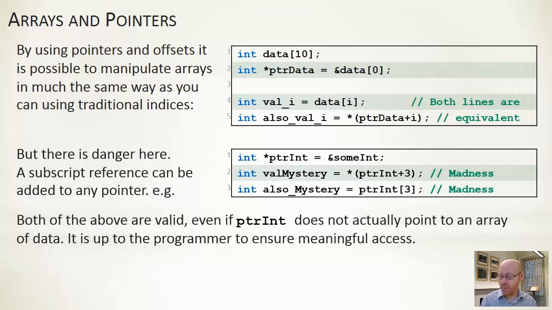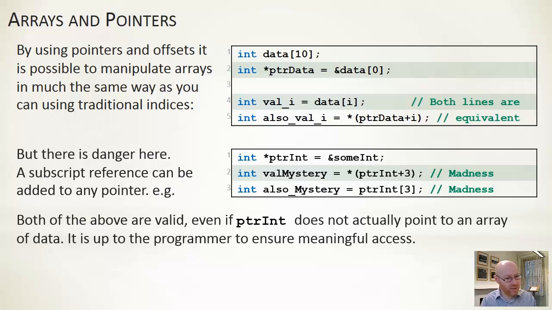In line 3, this is also valid. It will compile, it will run, and it will also probably crash your program eventually. There we're doing ptr int and in brackets 3. Now, this is exactly the same notation that we would use whenever we access an array. If you have a pointer to an address in memory, you can add on and use your normal array notation.